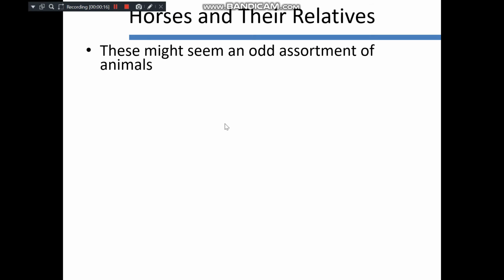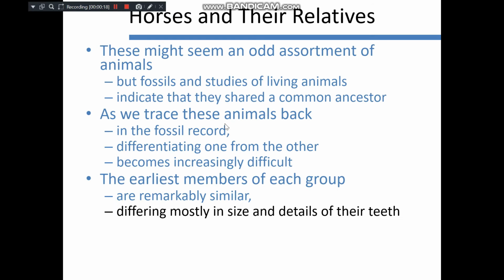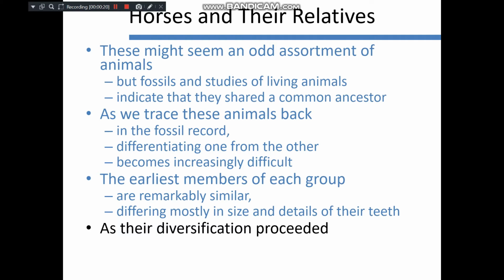So, especially in the fossils, the most interesting and complete is the horse and their relatives. Fossil studies of the living beings show a close relationship between rhinoceros, horse, tapir, and zebra.